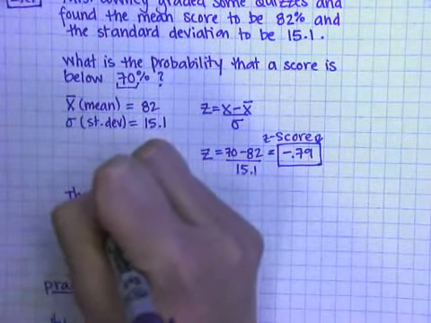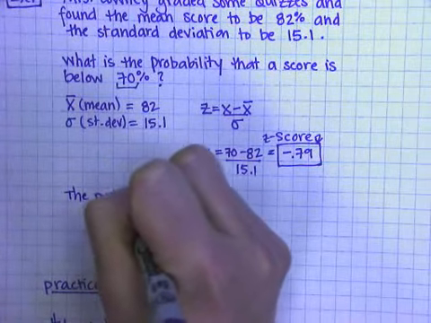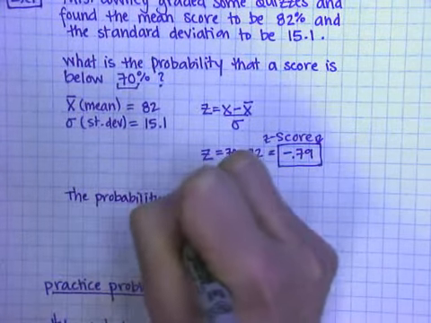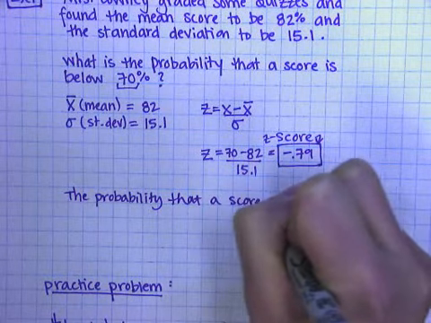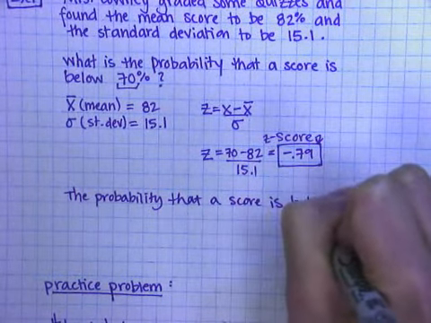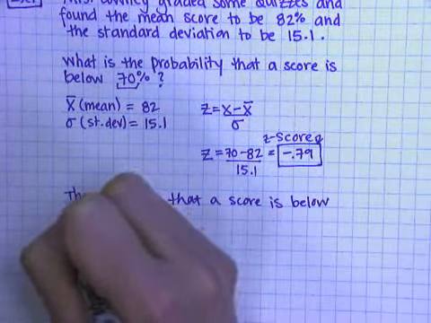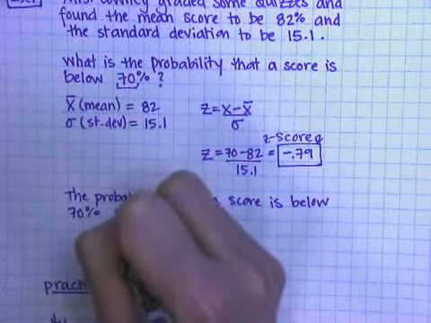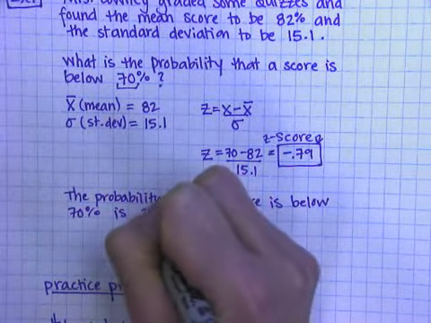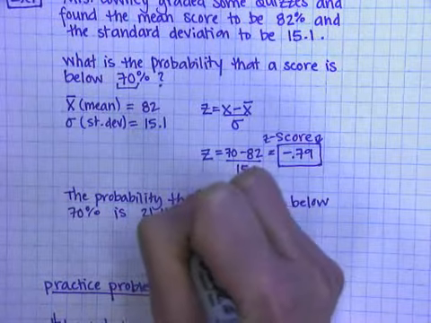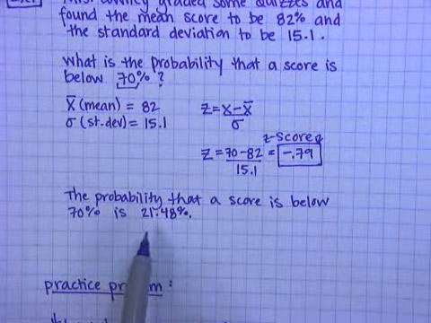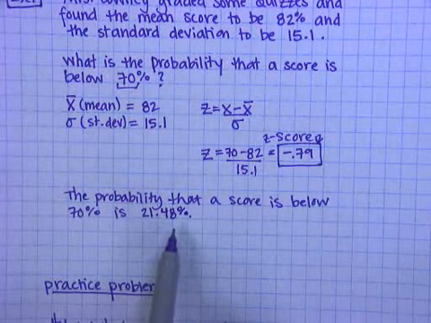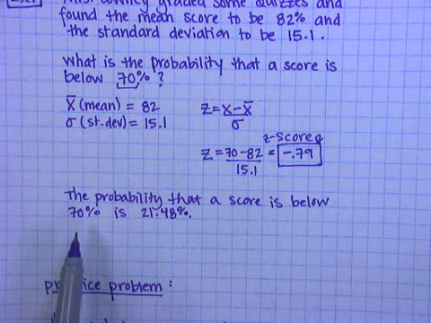The probability that a score is below 70% is 21.48%. Or in other words, there's a 21.48% chance that one of my students got below a C.